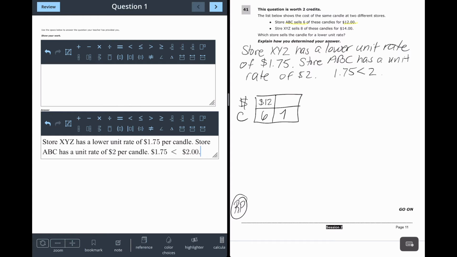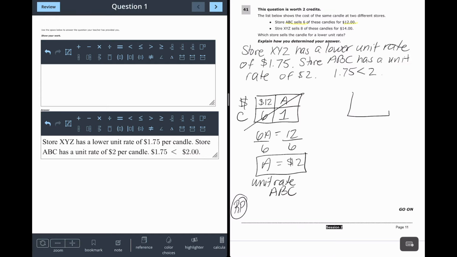And I want to know how much one candle is. And this is going to be for store A. So I'm just going to cross multiply. And 6A is equal to 12. Divide both sides by 6. A is equal to 2, or $2. All right, so that's the unit rate for store ABC.